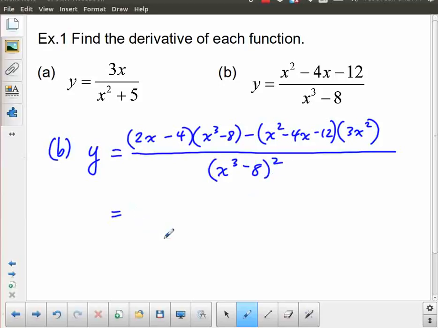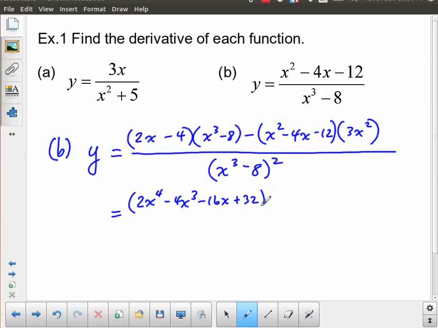So that is equal to, I'm going to have to do an expansion here, a binomial expansion using FOIL. A little odd because I've got that cubic, but so be it. So I get 2x cubed times, 2x times x cubed is 2x to the 4.